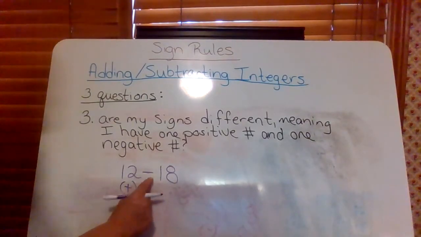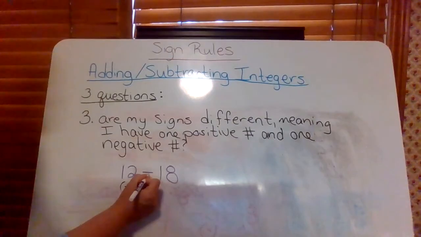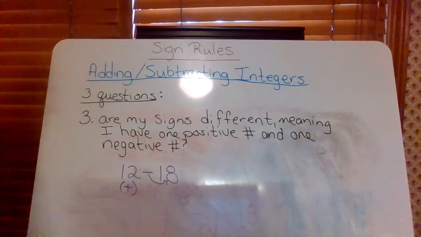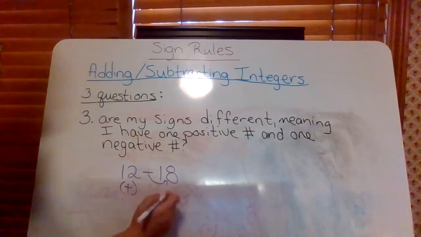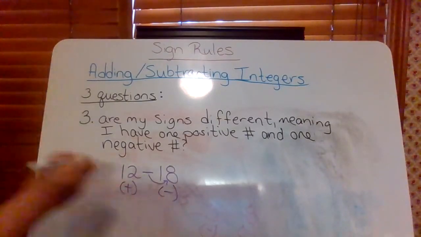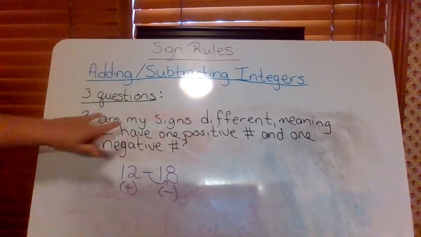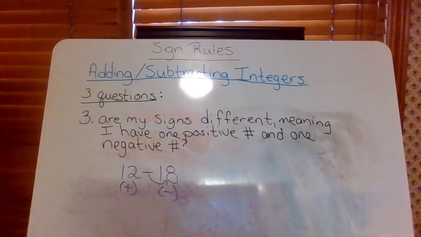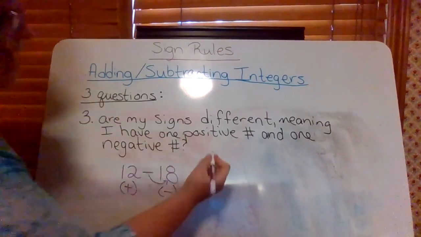While this is a subtraction sign, it also tells me something about the number behind it. This is a negative 18. So my signs are different. I have one positive, I have one negative. So in this case, are my signs different? Well, yes, they are.